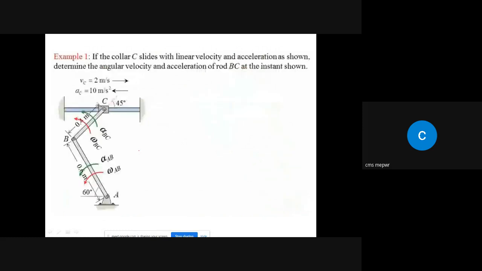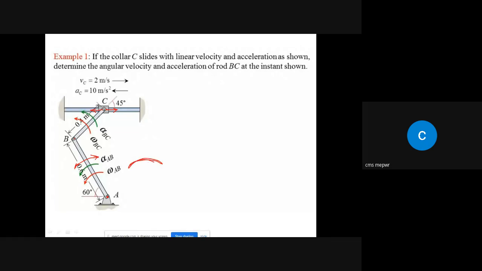Okay. So now to understand this concept, let's have an example. In this example, this collar C slides like this and like this. Now this link AB only rotates like this, right?